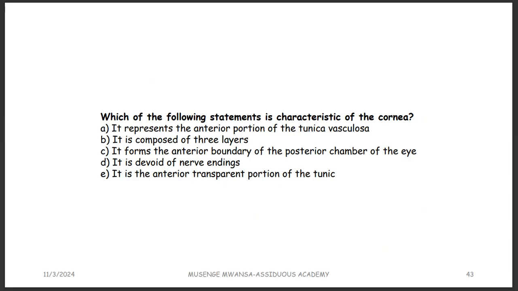And it has five layers: the corneal epithelium, the Bowman's membrane, the stroma, the Descemet membrane, and the corneal endothelium. So five membranes instead of three. So which one are we now going with? It is the anterior transparent portion of the tunic.